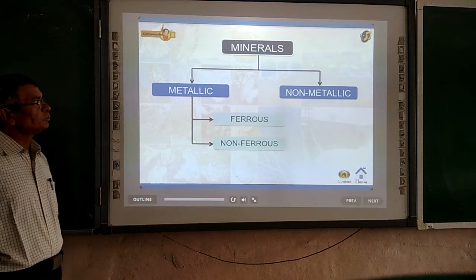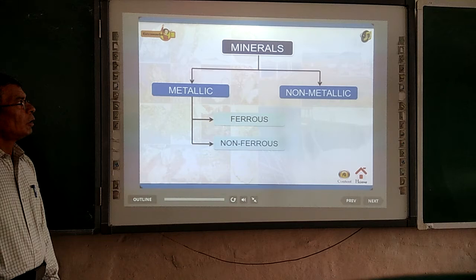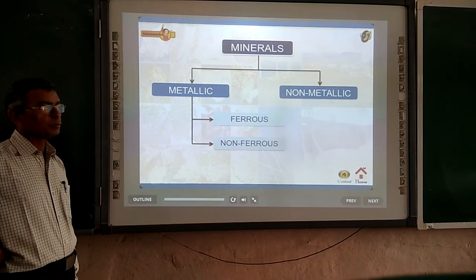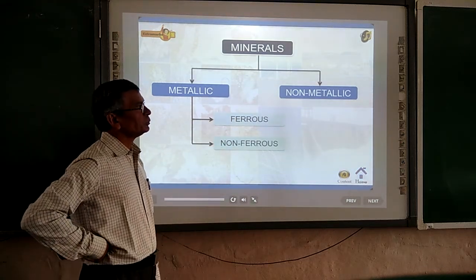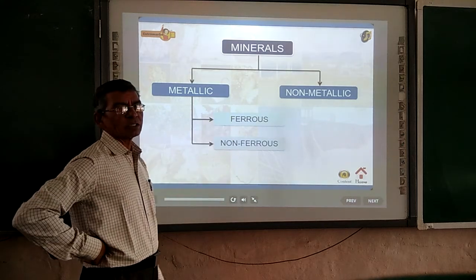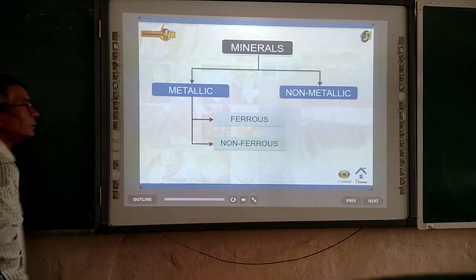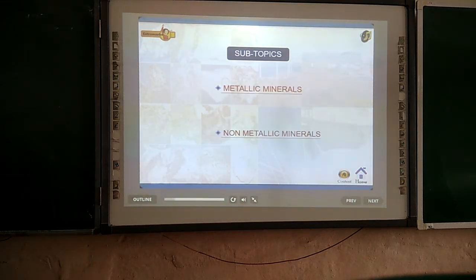If you take the first one, metallic minerals, they can further be classified into two types: ferrous and non-ferrous. Let us discuss what is ferrous and non-ferrous. The subtopics are metallic minerals and non-metallic minerals.